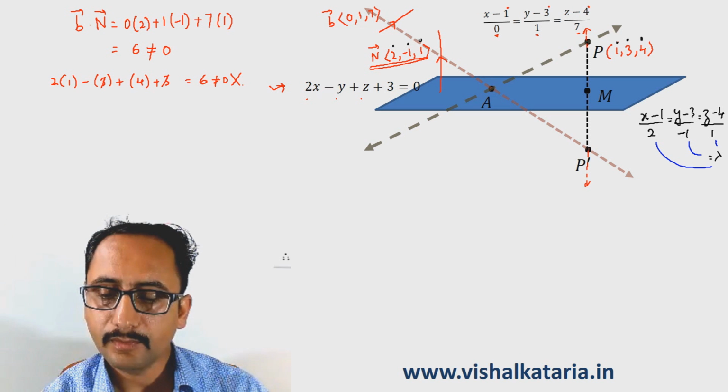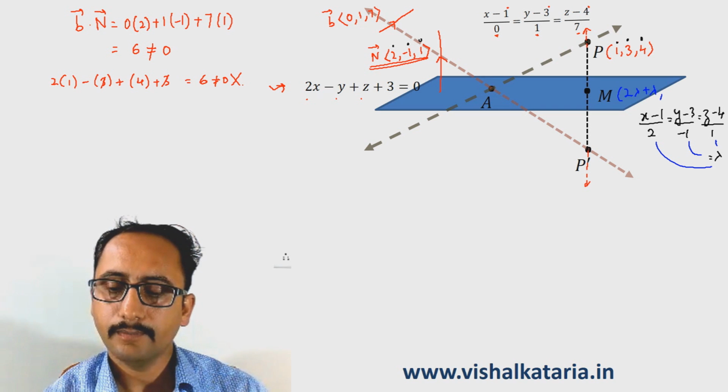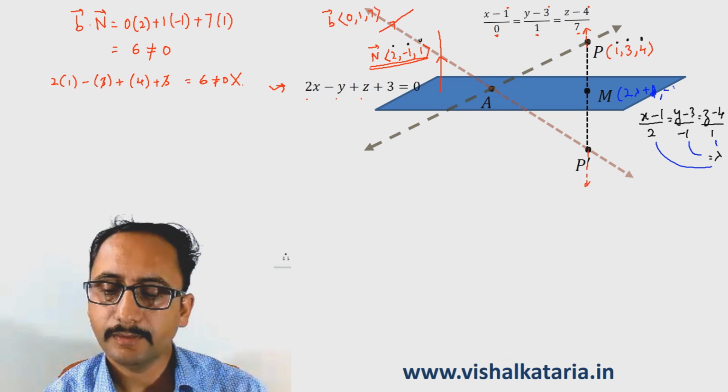So M can be expressed as (2 lambda plus 1, minus lambda plus 3, lambda plus 4).